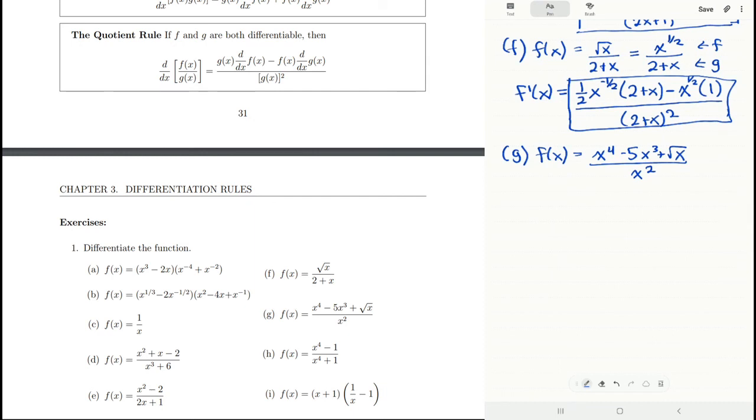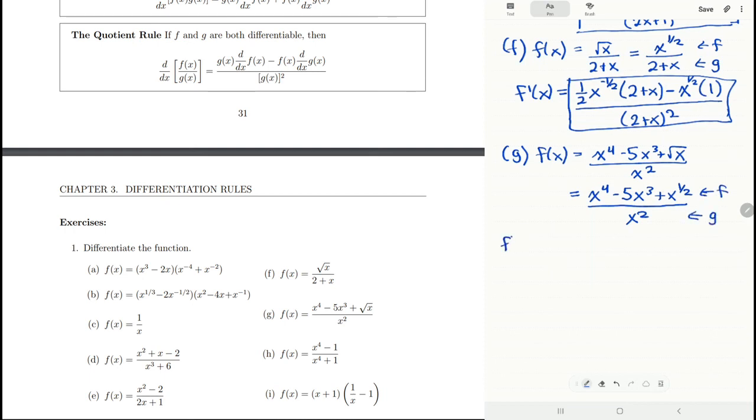In the next example, we have x to the 4 minus 5x cubed plus x to the 1/2 all over x squared. So this can be written as x to the 4 minus 5 times x cubed plus x to the 1/2. This is all over x squared. And we once again apply the quotient rule.